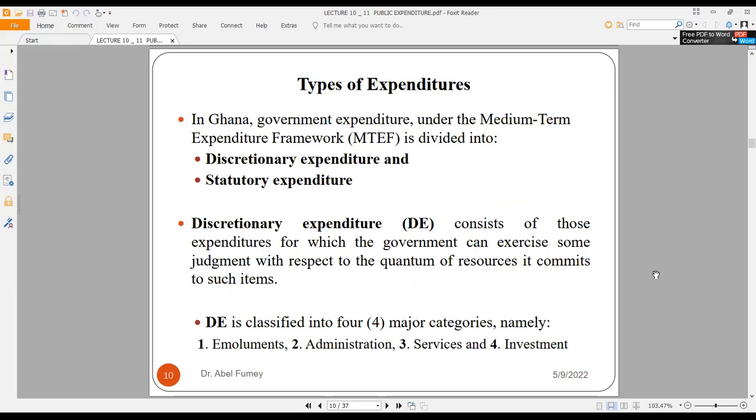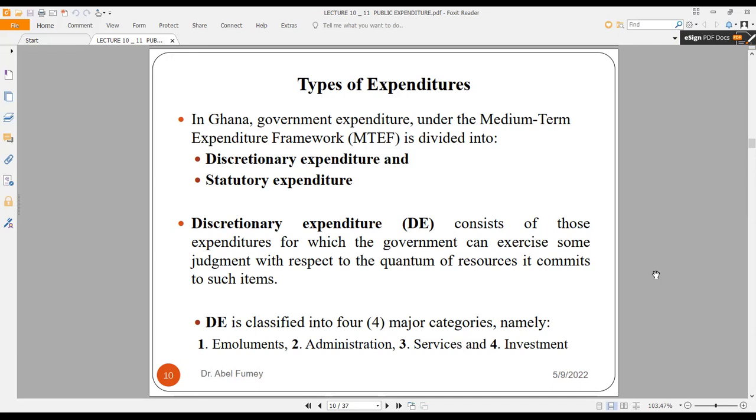Then for the types of expenditure, we also have the discretionary expenditure and the statutory expenditure. Discretionary expenditures are not backed by law. It is not compulsory for the government to spend them, so the amount of money the government spends depends on its own discretion. They use their own value judgment on whether to spend more or less.